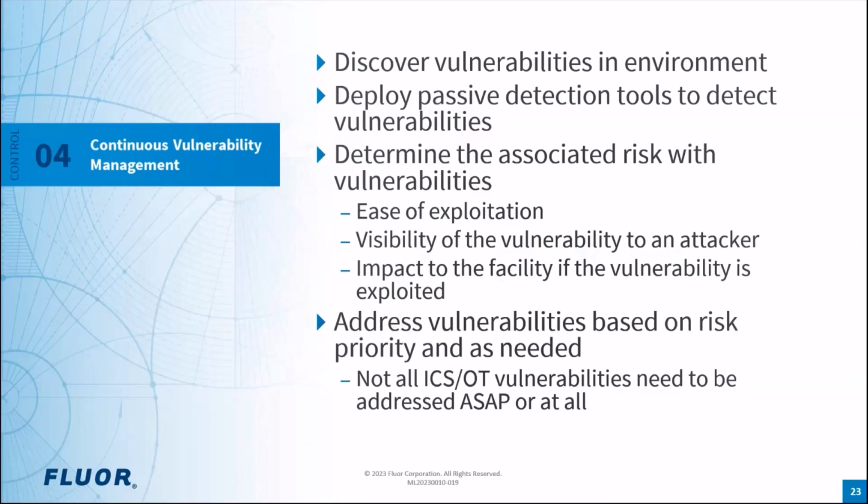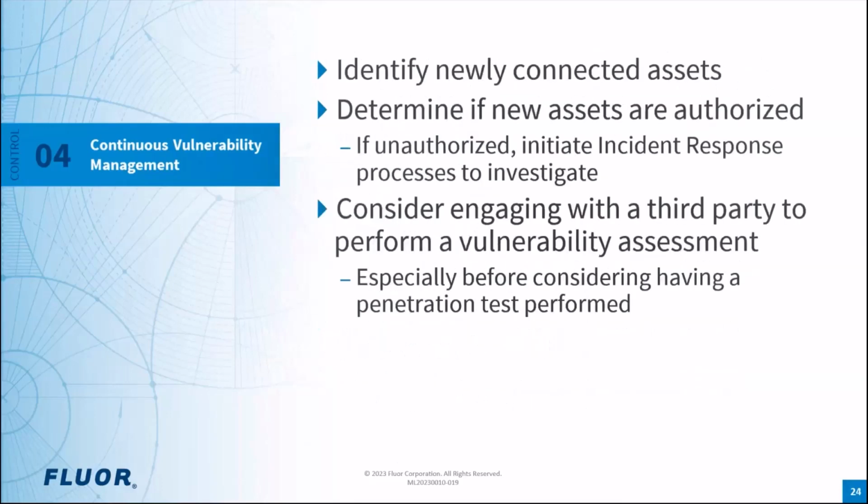And at the same time, if we need to take the facility offline for, let's say, 24 hours to address that vulnerability, and we know that there's no risk of physical harm to the on-site personnel, no risk to the environment, no potential for loss of life, and no loss of production from that vulnerability, then why would we address it? So it's very different in OT networks when we talk about vulnerability management.